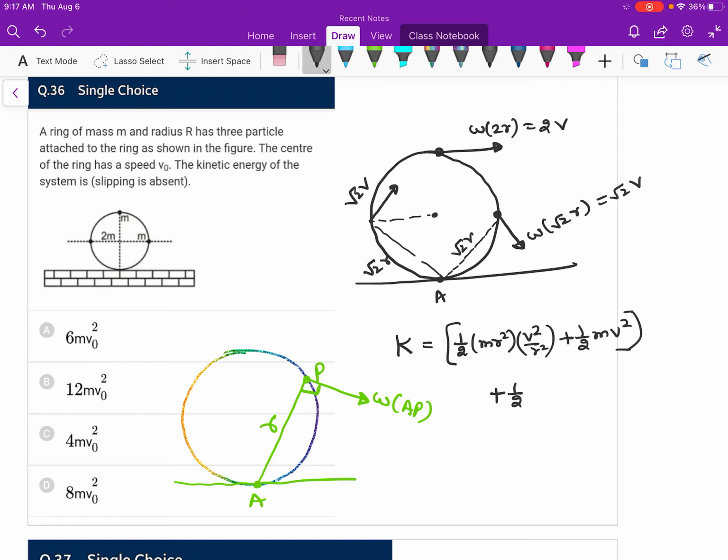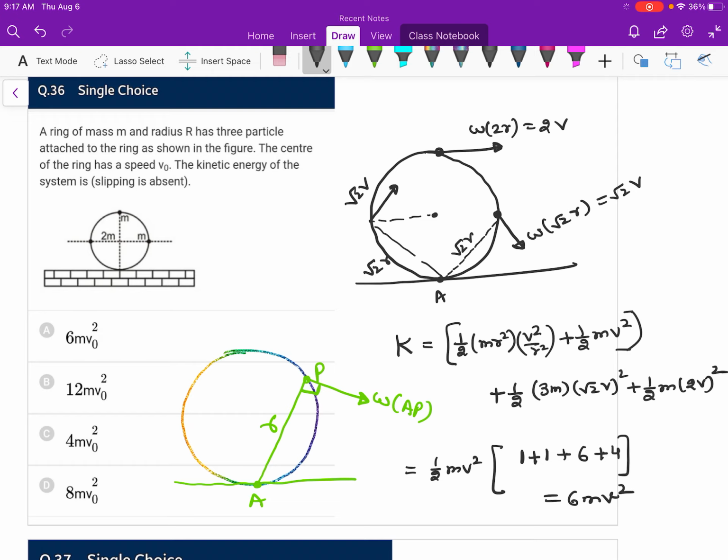So half 2m, and the two masses have same speed, so half 3m root 2v square plus half m into 2v square. Let's take half mv square common. So 1 plus 1, and 2 threes are 6, plus 4, so 12, so this is 6 mv square.